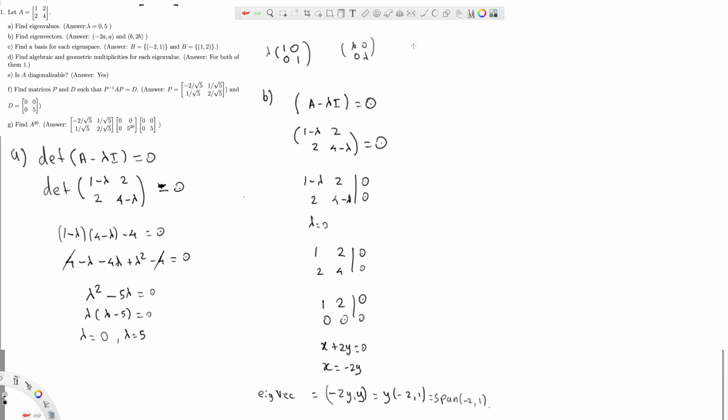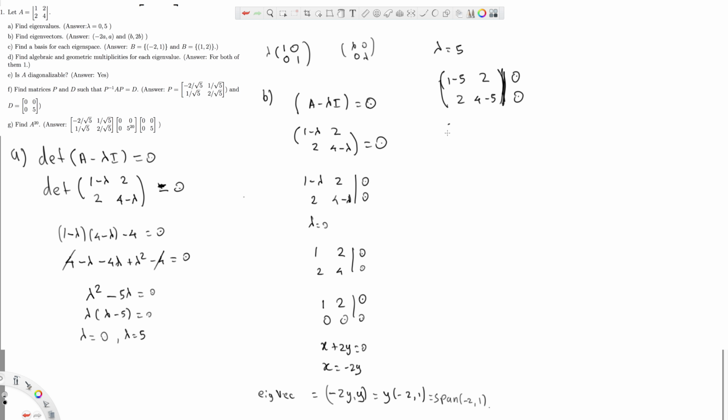To find the eigenvectors for lambda equal to 5, I simply substitute this 5 for lambda. So it's going to be 1 minus 5, 2, 2, 4 minus 5, and if I find the values, I'm setting this to the null space.